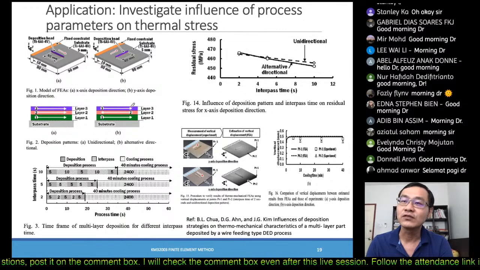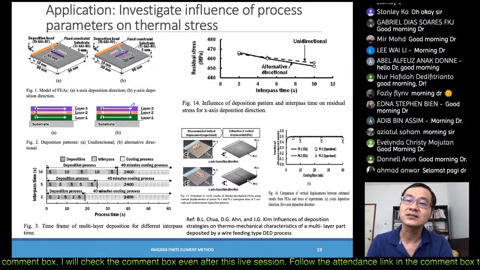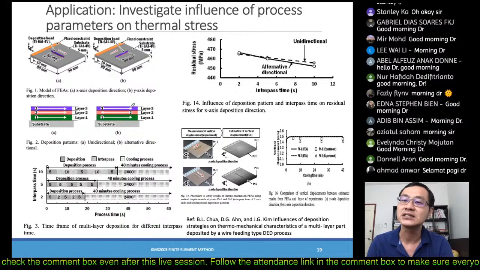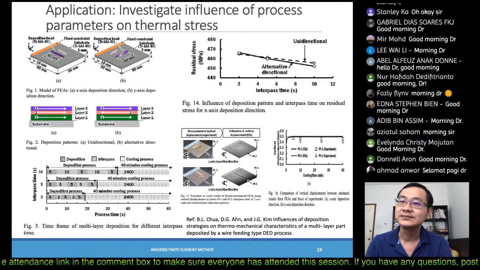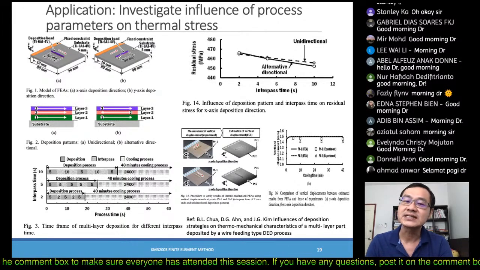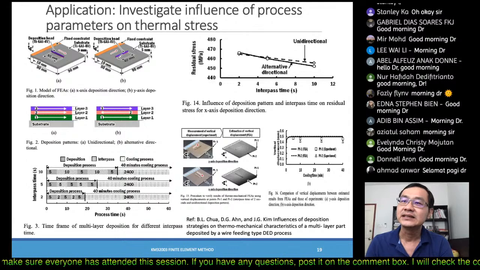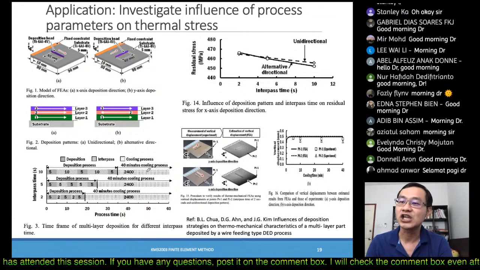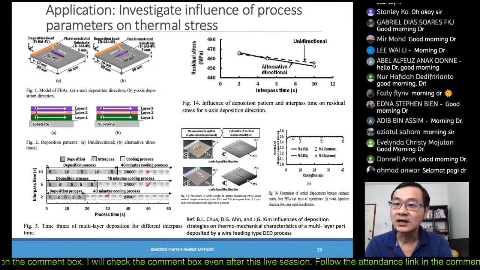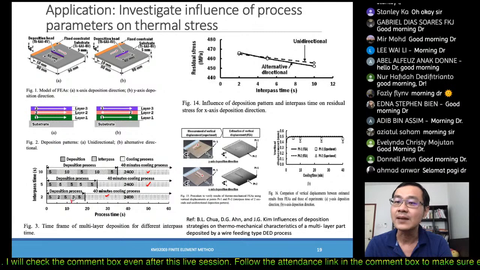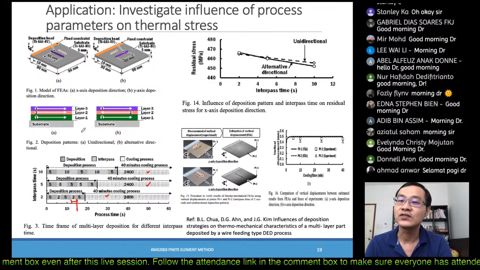So before we actually do the test, we can do a simulation and see how the residual stress is induced inside the part itself. We could change the cooling process, how it changes the time in between one layer and another layer.